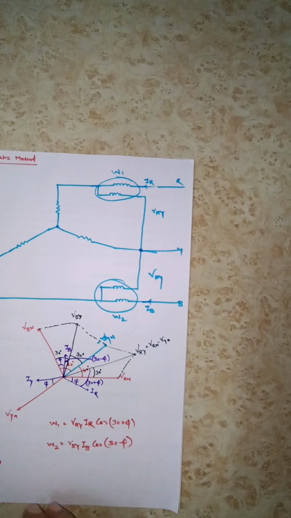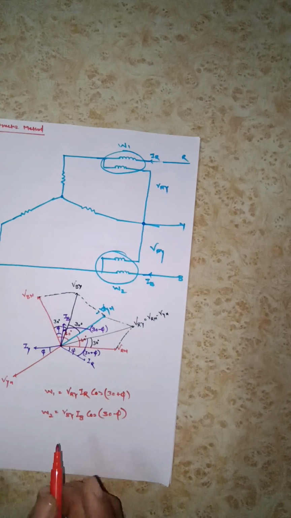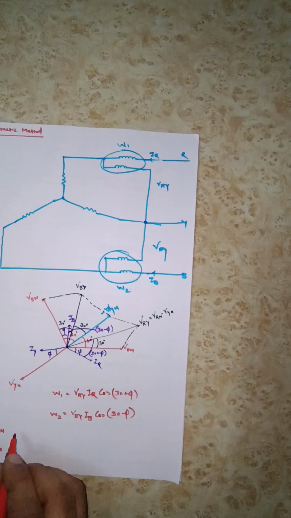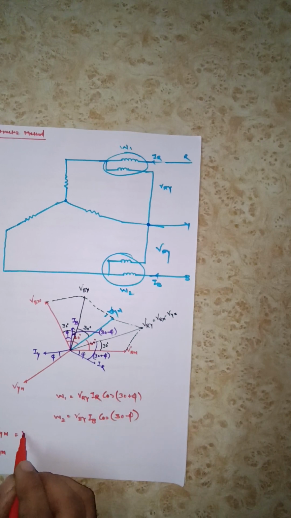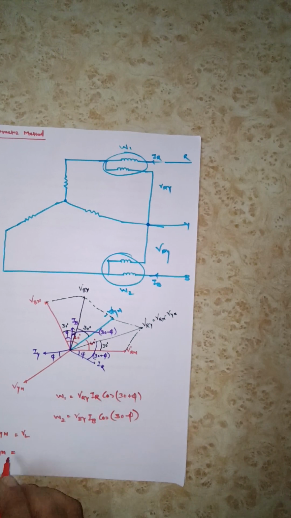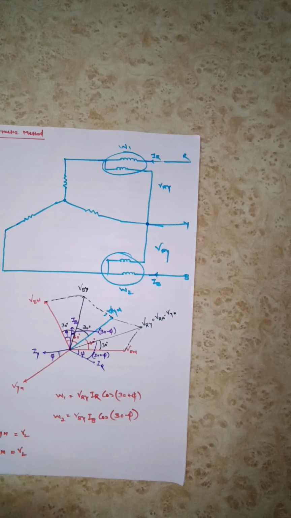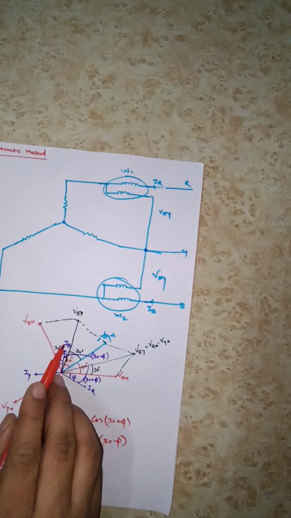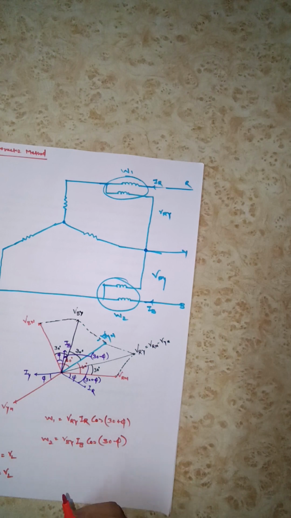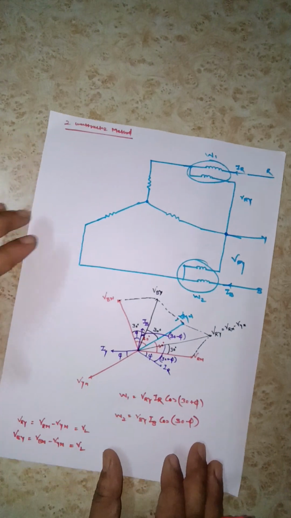Now we have to substitute all these readings and we will find the power factor and the phase angle. Okay, so VRY is what? Line voltage, so it will be replaced by VL. Similarly, VBY will be replaced by VL, and IR, IY and IB are what? In a star connection, line current and phase current remain the same.